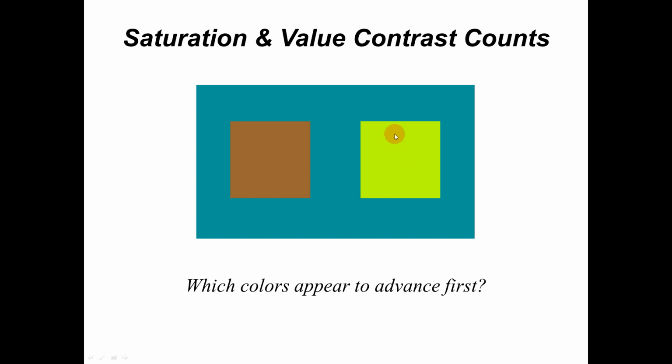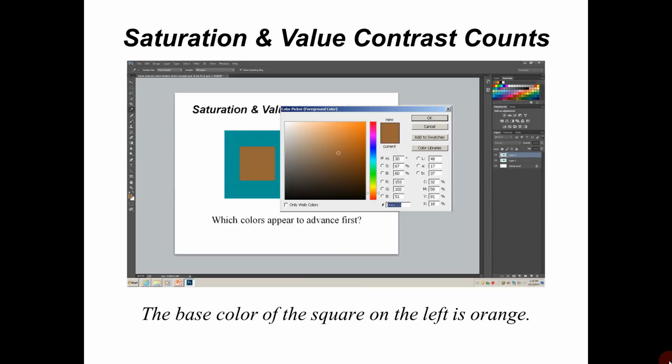So why are you seeing the yellow-green before you're seeing the orange? And again, to remember, we see colors this way: yellow, orange, red, yellow-green, green, blue, and violet. So technically, orange should be the color we would see first. But in this case, what's happening is the inherent value of that color is dark.